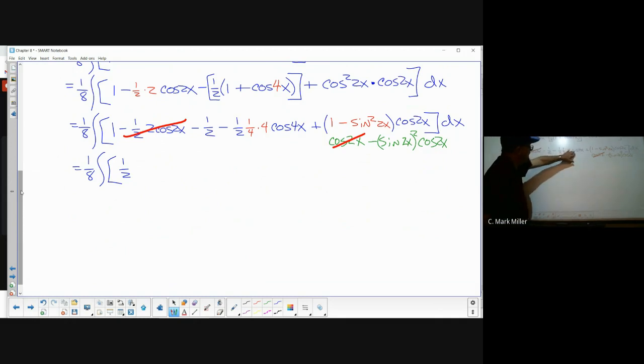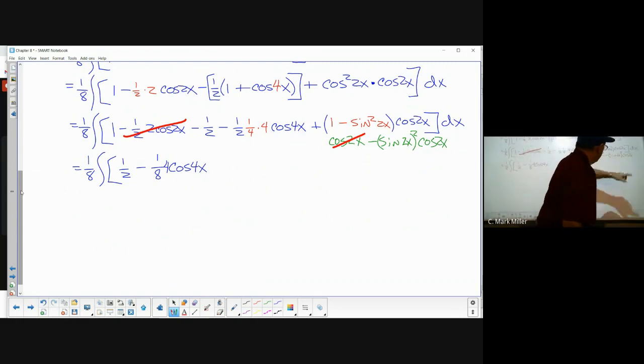This guy right here is minus 1/8 cosine 4x. That's ready to integrate. Cosine 4x. And then on this last mess here, I have this part here.